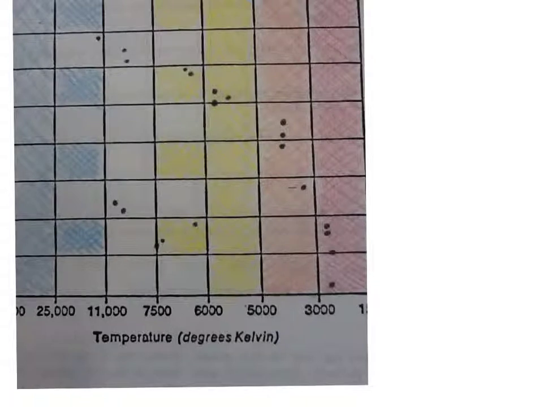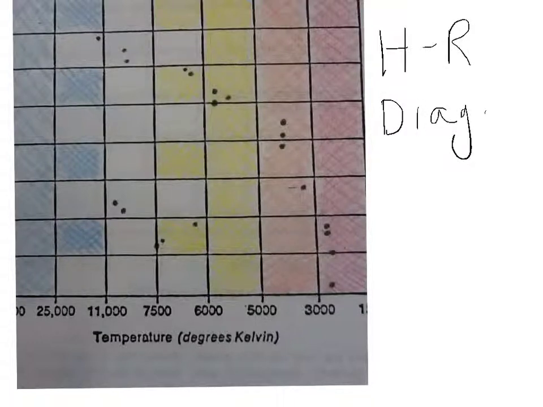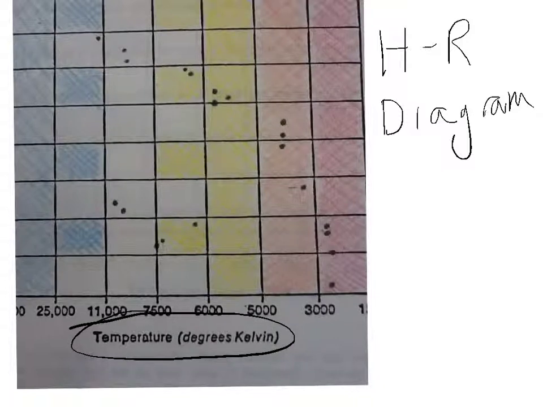So pause the slide and make sure that you have a general understanding of what happens there. And the last piece that I want you to know about is this HR diagram that we did in class that you colored in. And again, some questions I want you to be able to answer are about temperature. What does temperature determine about a star? Does it mean that it's a bigger star or a smaller star? Color, size, what does it have to do with?